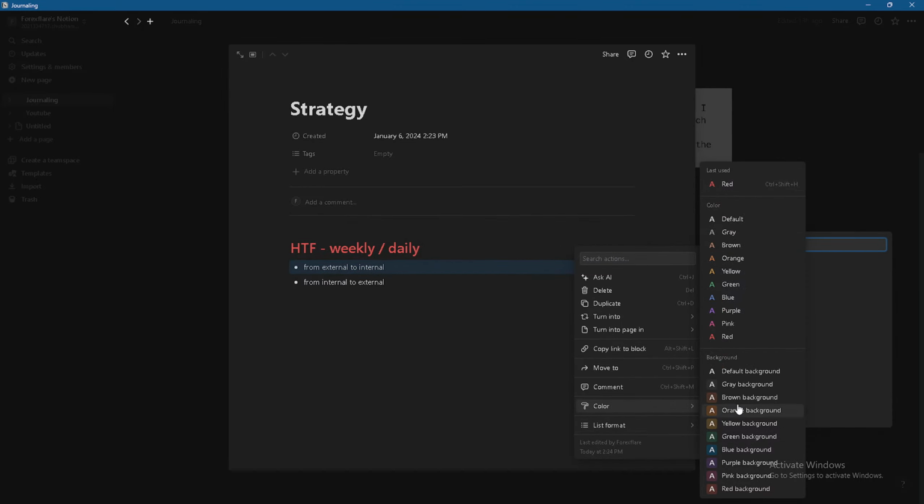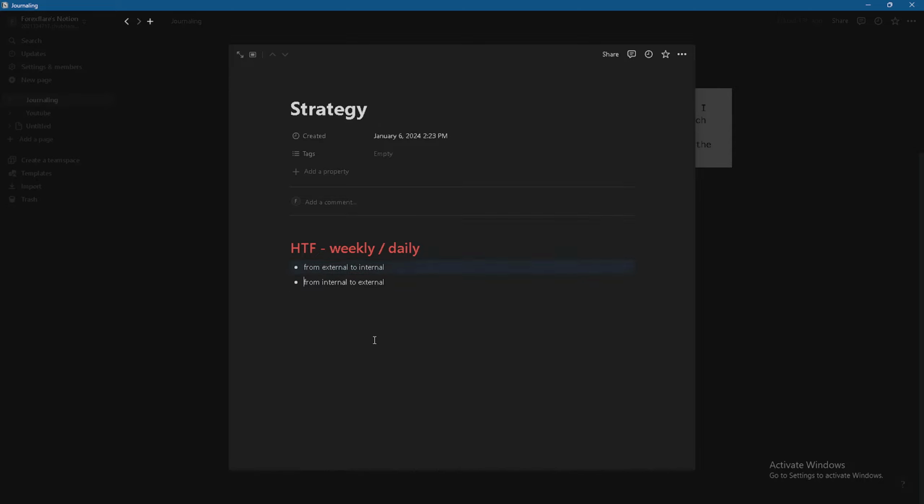So what's special about it? External to internal and internal is my entry pattern.